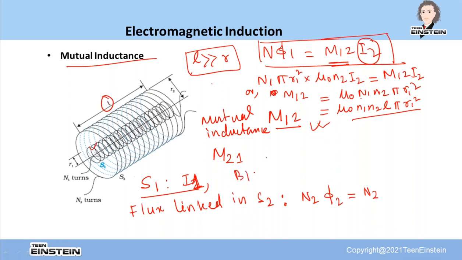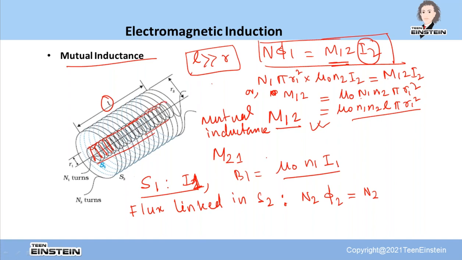So it will create a magnetic field B1, which is mu 0 N1 into I1. This is the magnetic field which is produced in this region only.